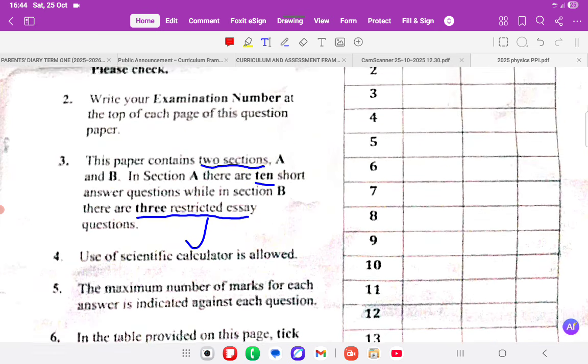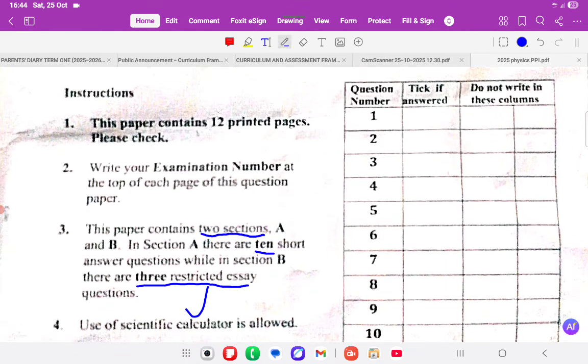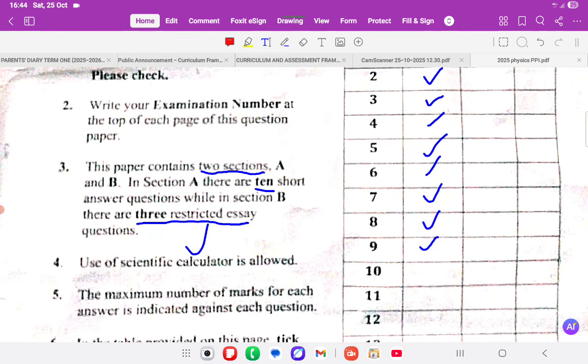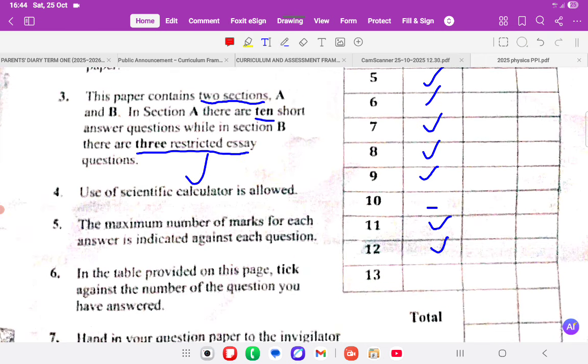Once you finish writing, check the questions you have answered and tick in this box if you have answered them. If for some reason you did not answer question 10, you leave that part blank, but for 11, 12, and 13, if you answered them, indicate by ticking.